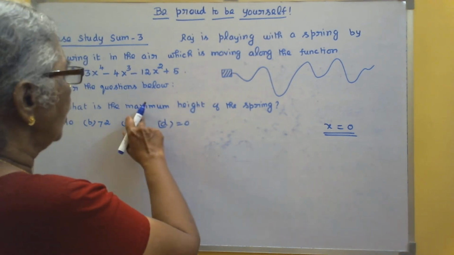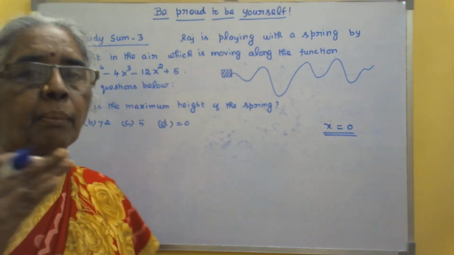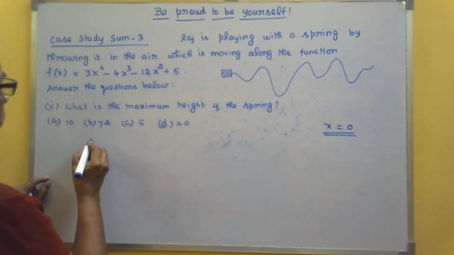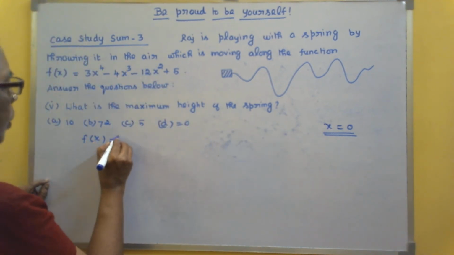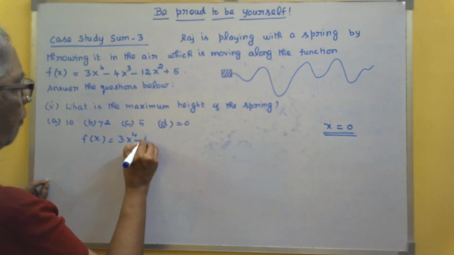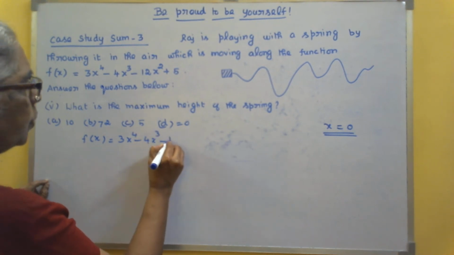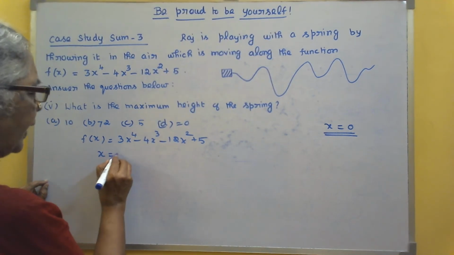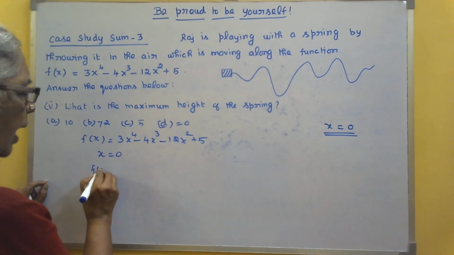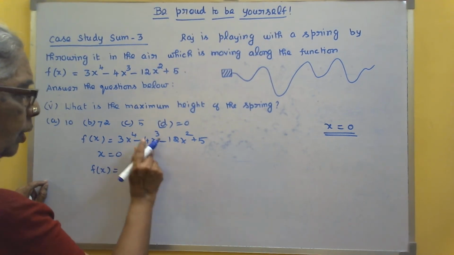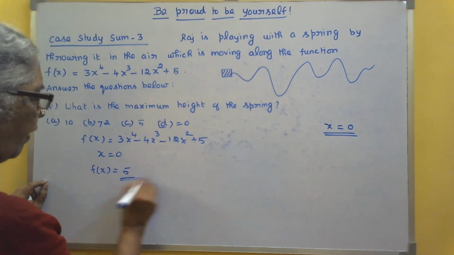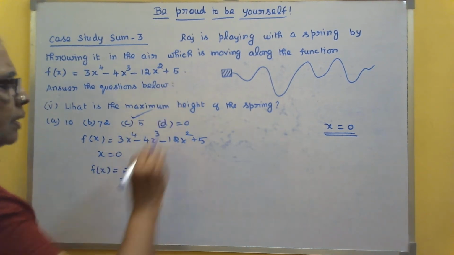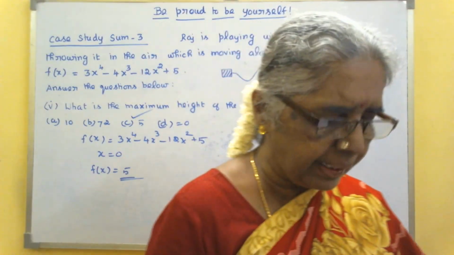So now you want to find the maximum height, that is the maximum value. So you write your f of x now. Your f of x is 3x power 4 minus 4x cube minus 12x squared plus 5. Now you put x is equal to 0. So that will be the maximum height. So 0, 0, 0. So you will get 5. So 5 is the answer. So the C subdivision is the answer.